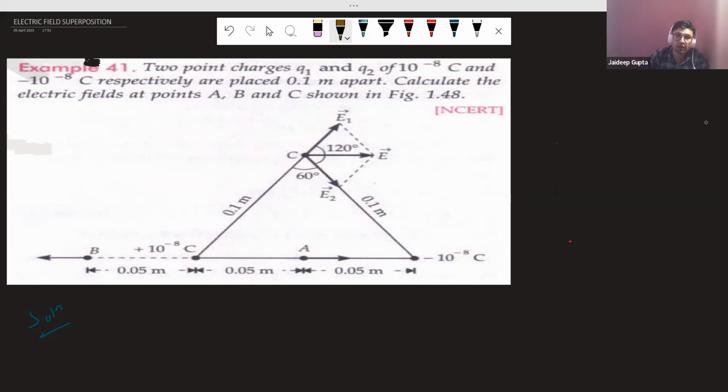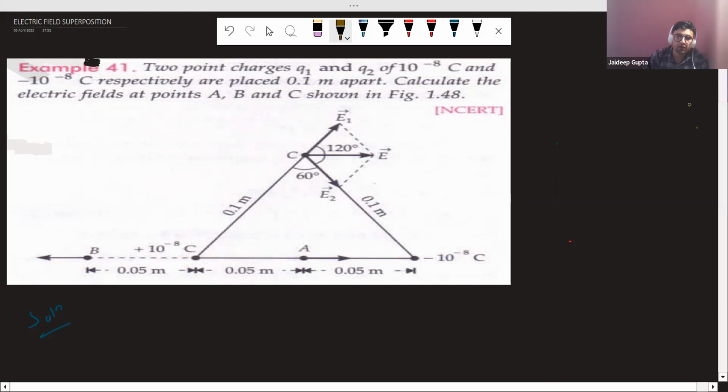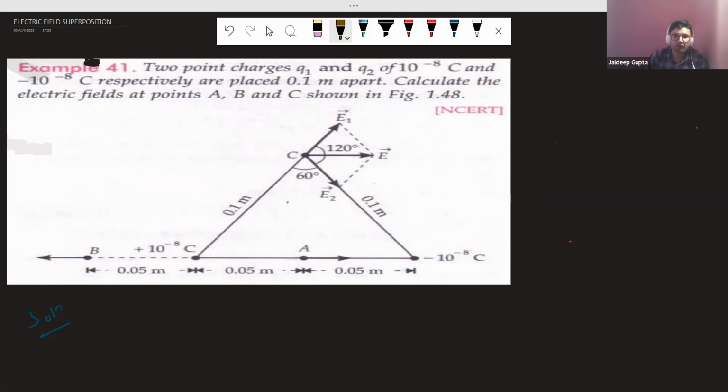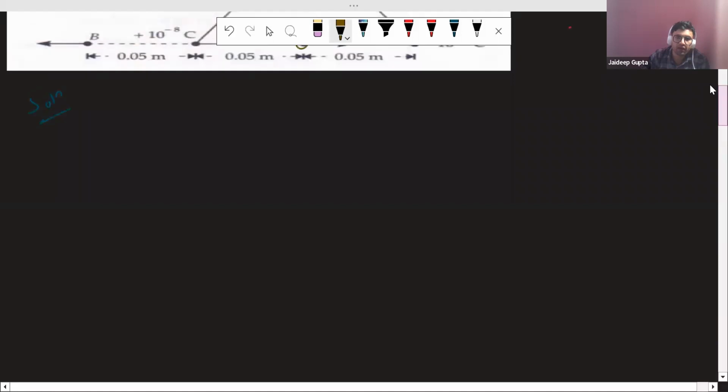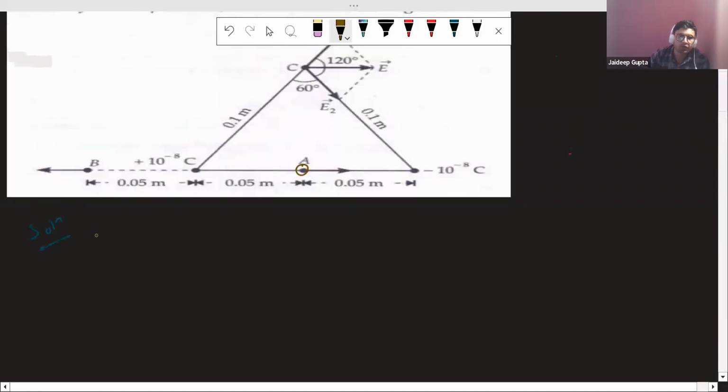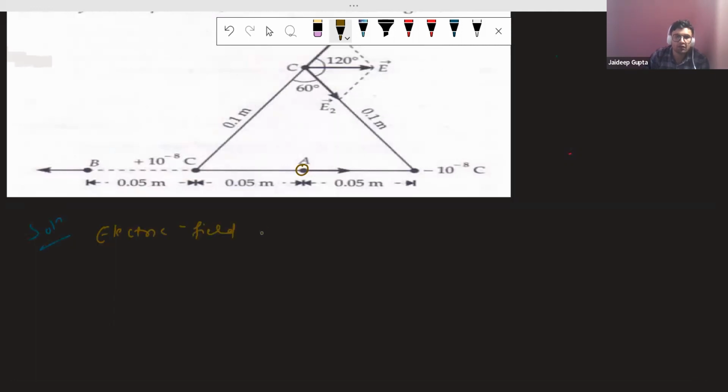Now, let me tell you how to do it. I'll show you the electric field at one of the points, let it be A. If we have to calculate the net electric field at point A, the electric field due to a point charge is given by KQ over R square.